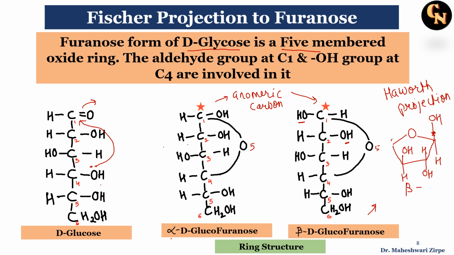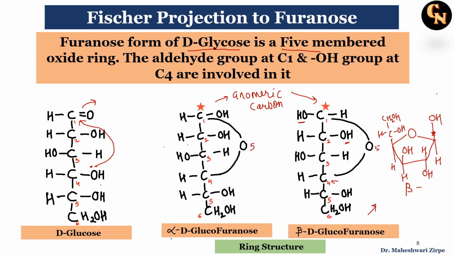Now what you have to do? You can show H here and the whole group. What is the group on the 4th carbon? Here it is C, H and CH2OH. So this way, I'll just remove this Haworth projection which I've written. We'll write it again.